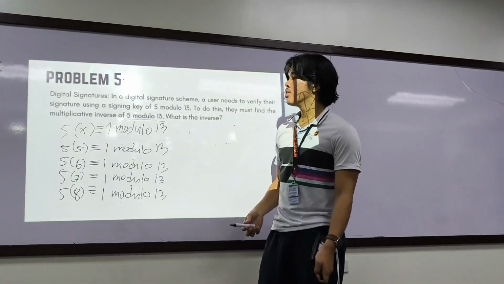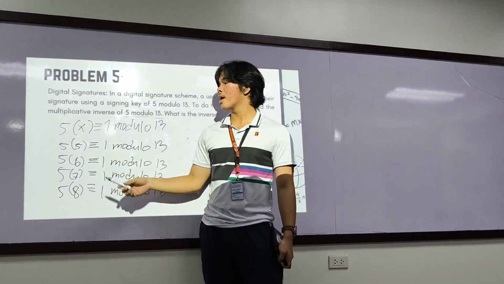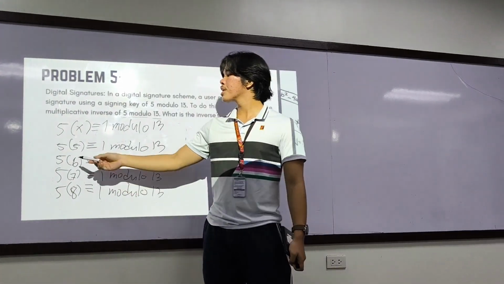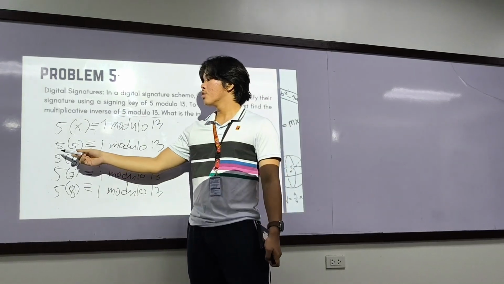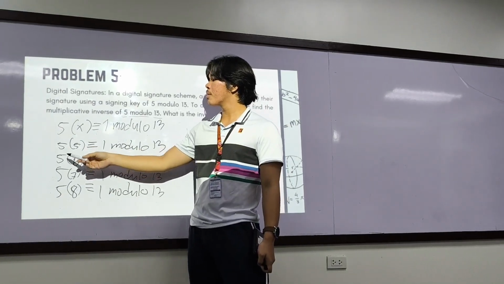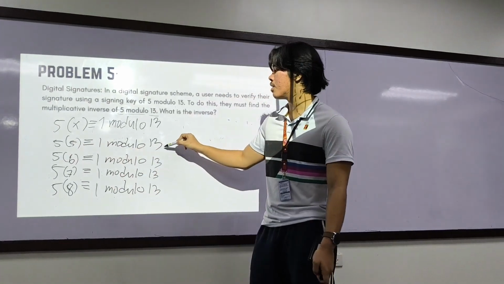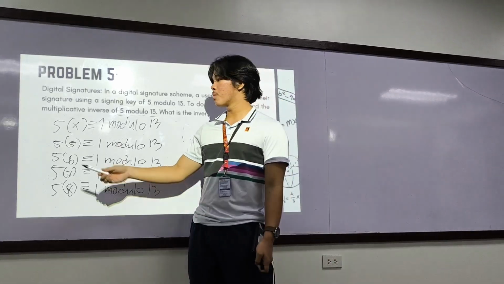So instead of starting at number 1, we'll start on a bigger number. When we multiply a smaller number by 5, it will not exceed 13. So we'll start at number 5.